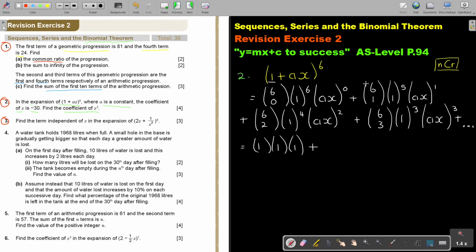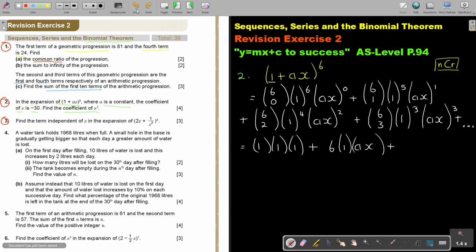Okay. Then press again. Press 6, and then press that NCR, and then 1. And then what are you going to get? 6. Okay. And then it's 1. And then it's ax. Okay, I could have simplified further, but it's fine. Then you continue with this. So every time you press 6, NCR 2. And what are you going to get then? You are going to get 15.